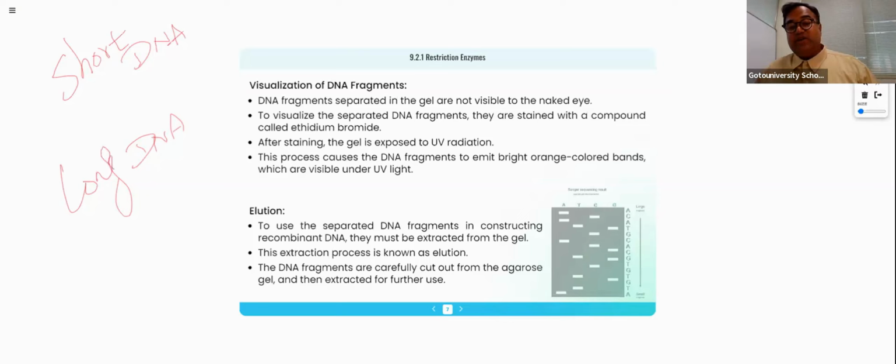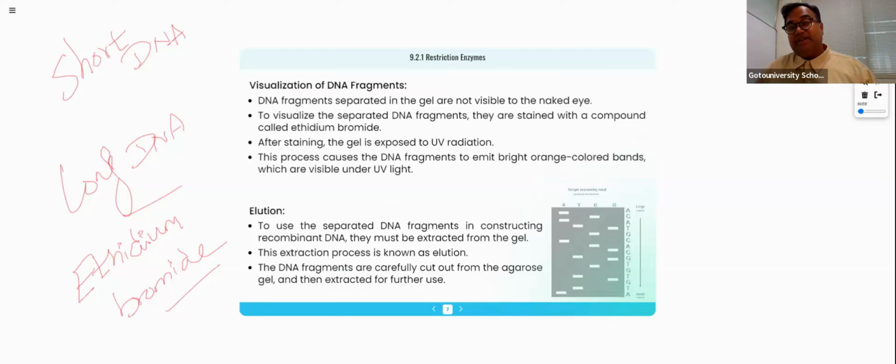So we are using a dye called ethidium bromide. This ethidium bromide chemical is very important for coloring the DNA.